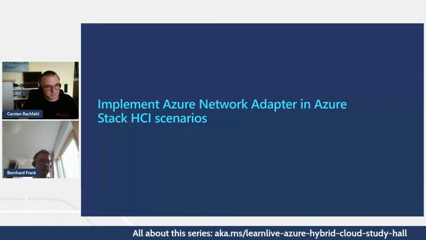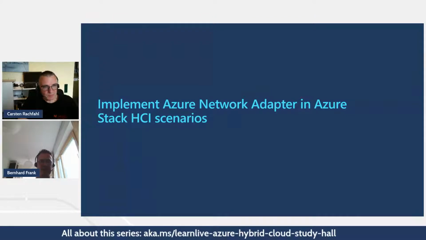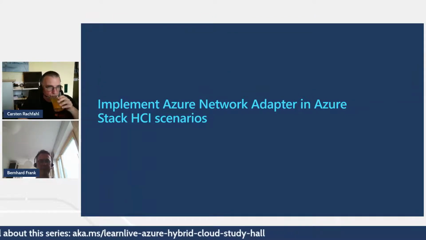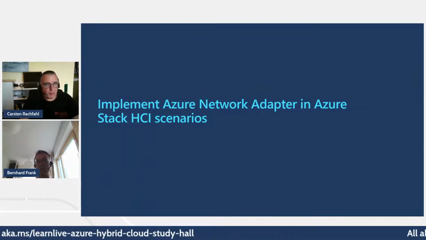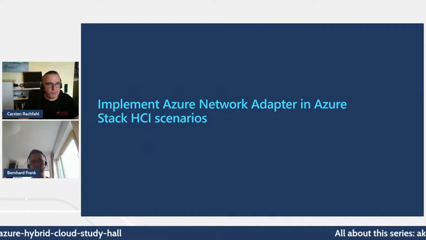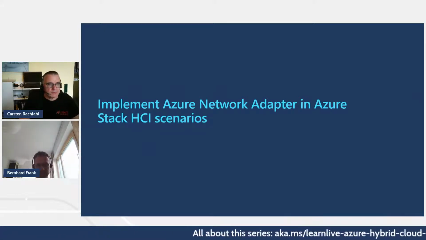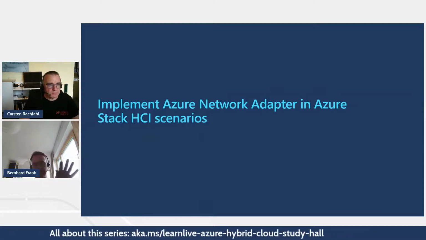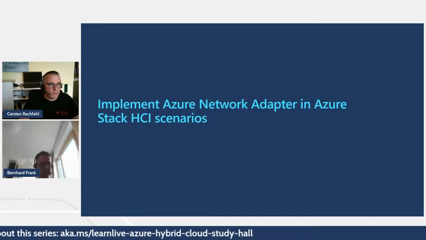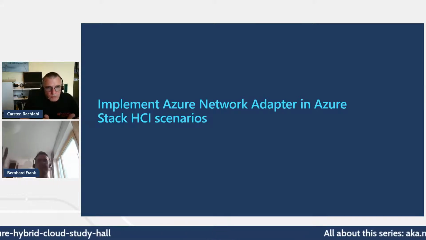Most of the time, you would see site-to-site connections from Azure to your on-premise data center, meaning the data center where your Azure Stack HCI node resides. So you have a VPN device on premise talking to a VPN device in Azure.